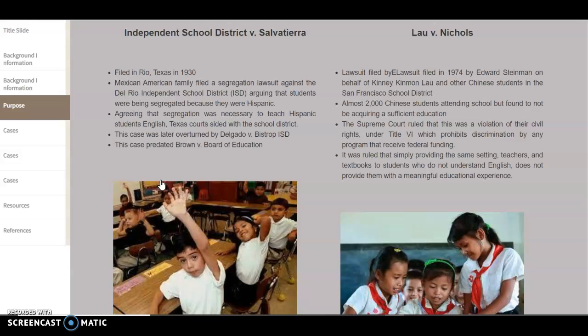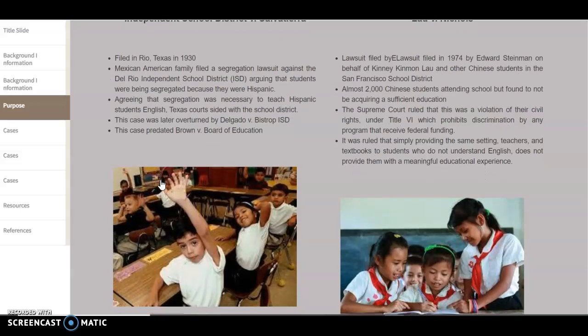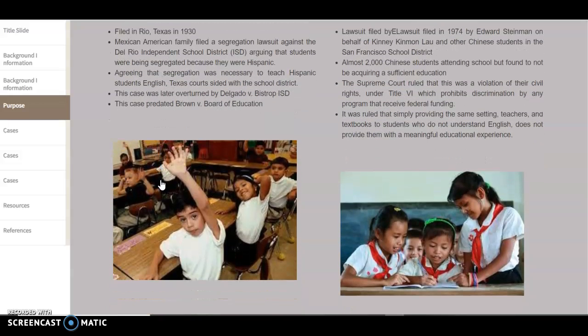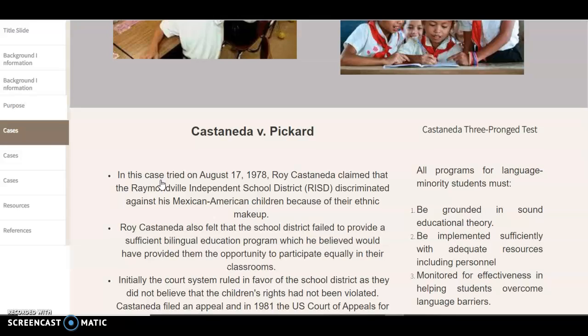The Supreme Court ruled that this was a violation of their civil rights under Title VI, which prohibits discrimination by any program that receives federal funding. It was ruled that simply providing the same setting, teachers, and textbooks to students who do not understand English does not actually provide them with a meaningful education experience.